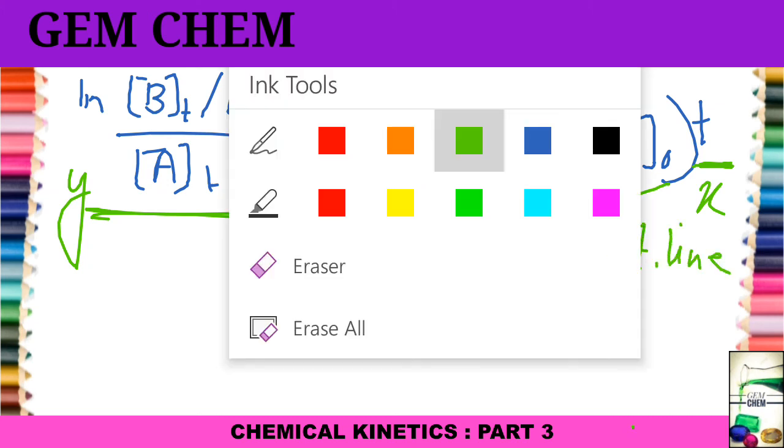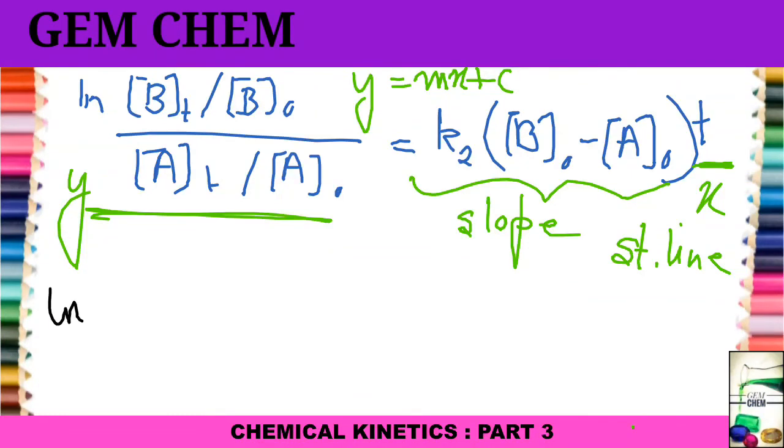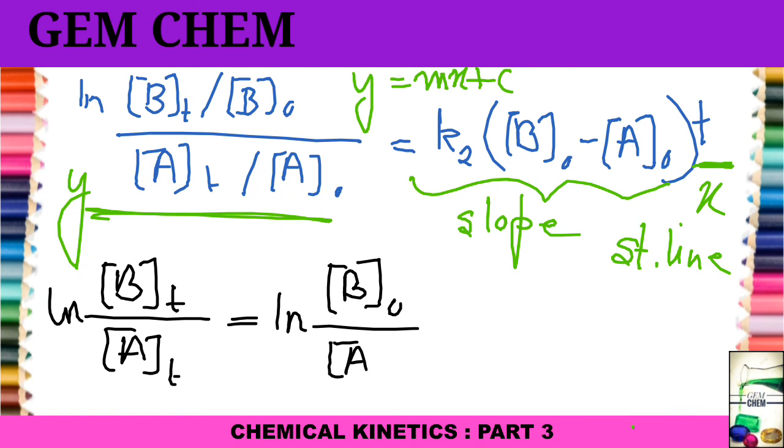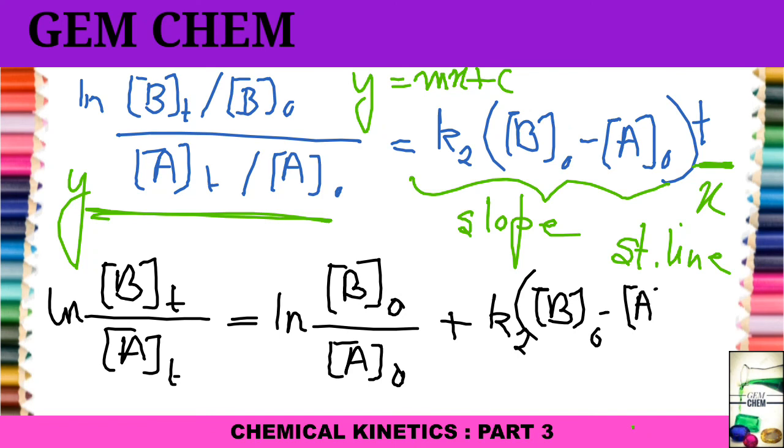Also if we try to rearrange it like this, that is ln Bt by At on this side and we take A0 by B0 on the opposite side, then we will get ln B0 by A0 plus K2 times B0 minus A0 times t, right?